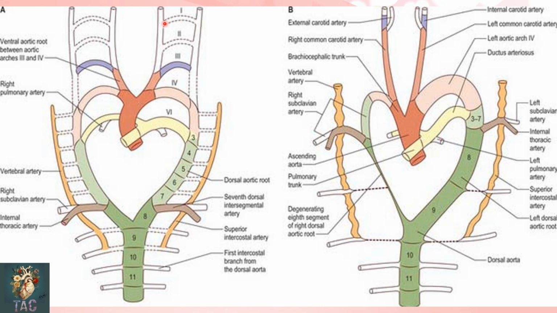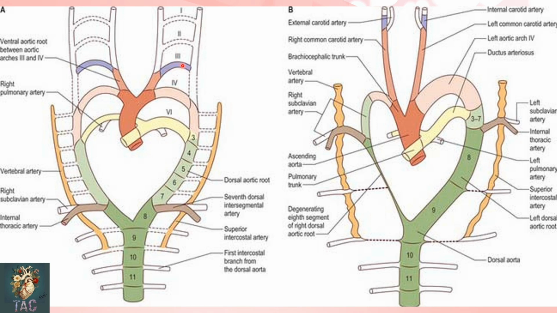The first aortic arch is the connection between the ventral and dorsal aorta, and it almost obliterates, just forming the maxillary artery. Similarly, the second aortic arch also completely obliterates except for a small branch, that is the stapedial and the hyoid artery. So what happens to the third?